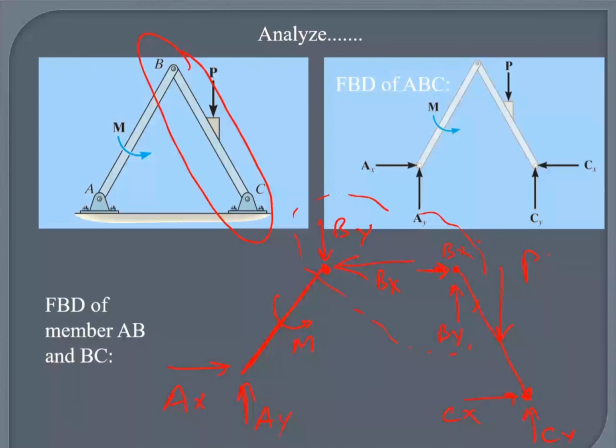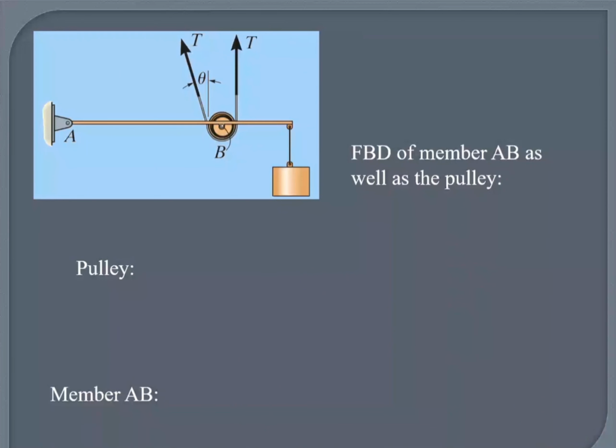Let's look at this one now. The free-body diagram of the member AB as well as the pulley. I have to draw the free-body diagram of the pulley. So let's have a pulley with a pivot point. It's pivoted at the center, so I will have two reaction forces.